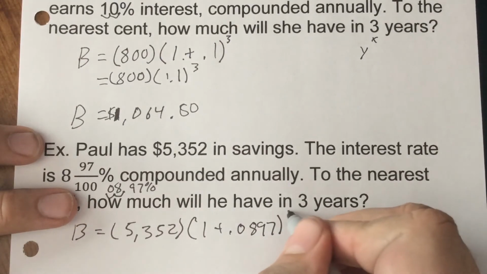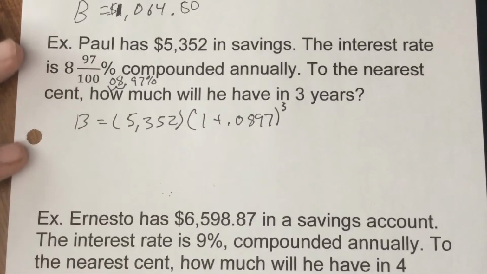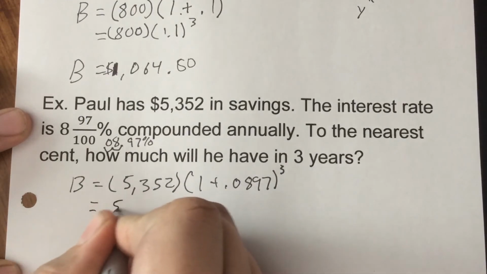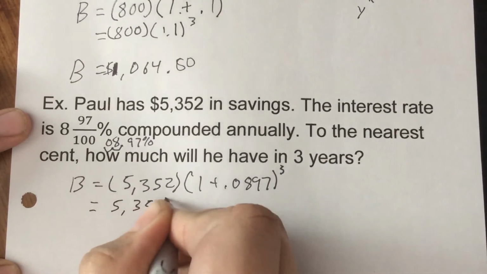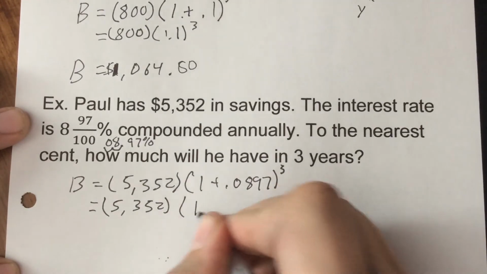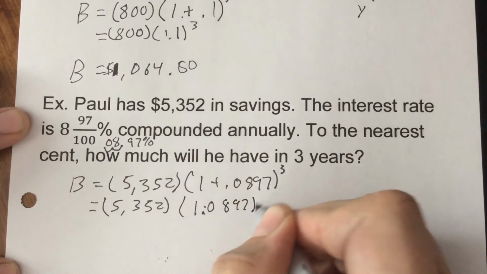Again, we're 3 years. So let's do the third power. So you're always going to raise it to however many years. That exponent, always the time. So our 5,352, if we simplify this, putting that together, 1.0897 to the third.